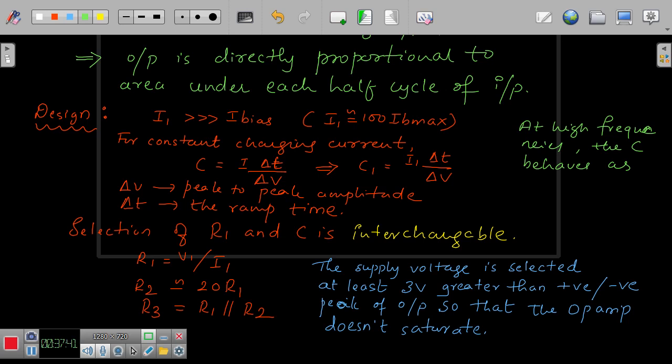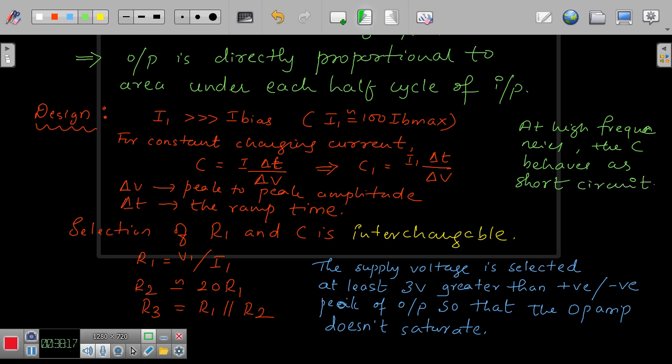Am I audible? Yes, sir. What happens at high frequency? Xc is equal to 1 divided by 2 pi Fc. When F is very, very high, what is the value of Xc? Low, ideally 0. The capacitor behaves as a short circuit, right?